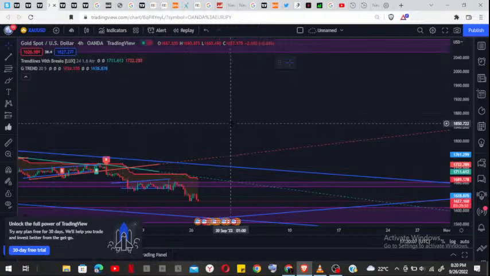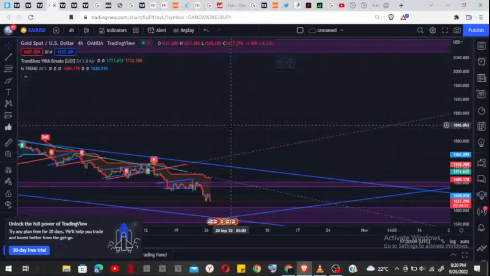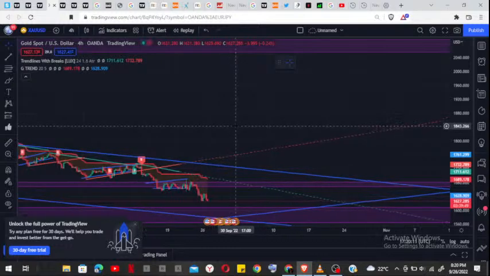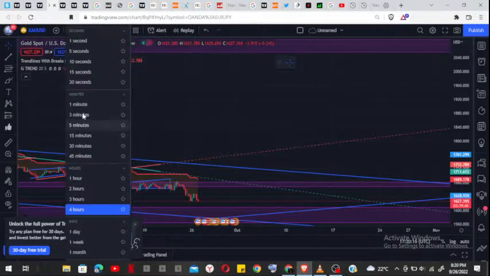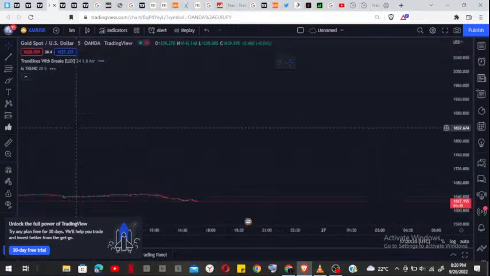So this is what's happening in the market. The 5 minutes time frame will be a little bit smaller, so it won't really see.